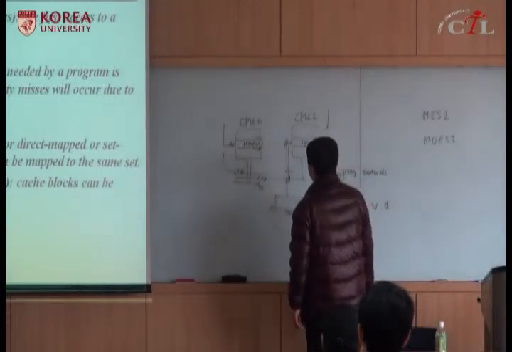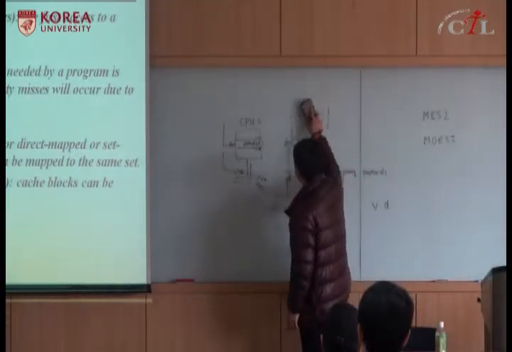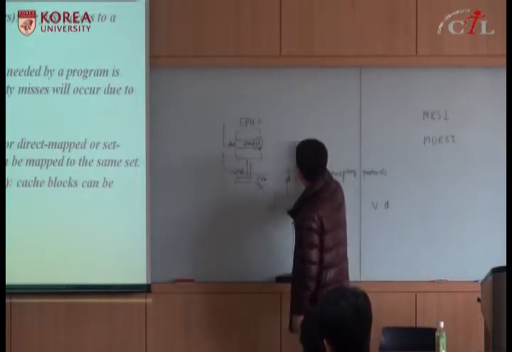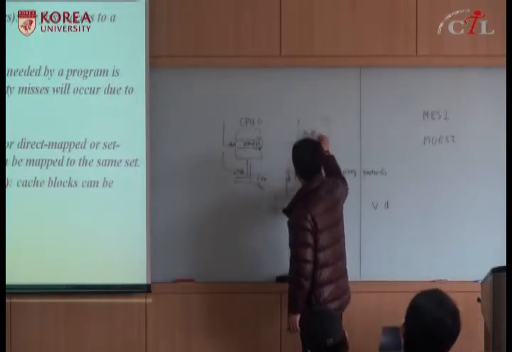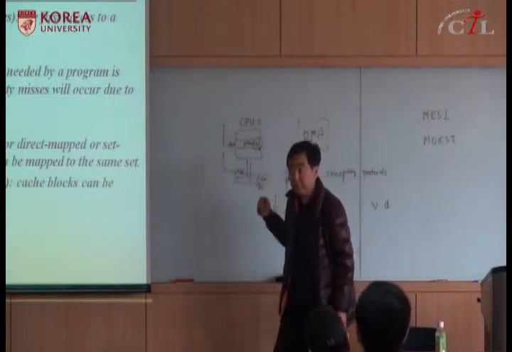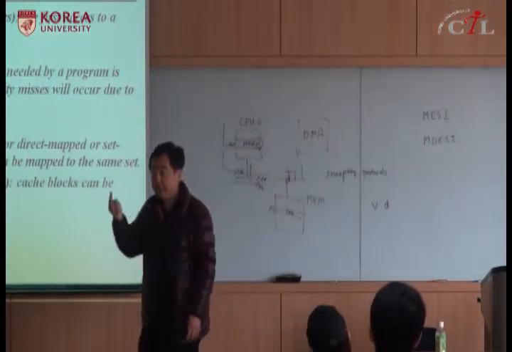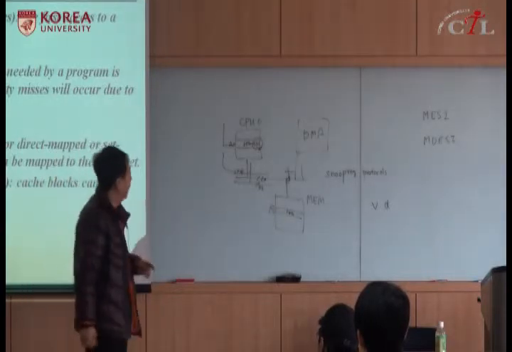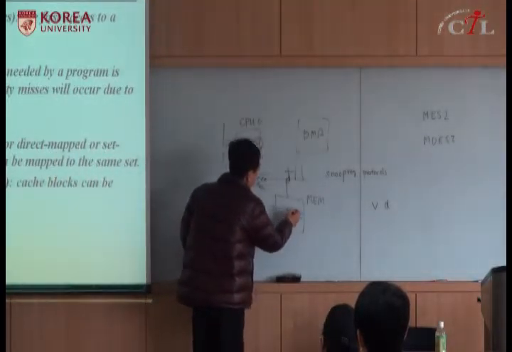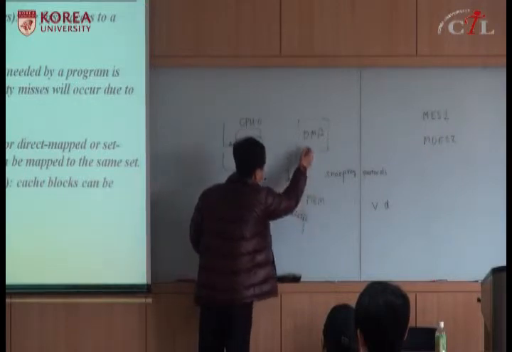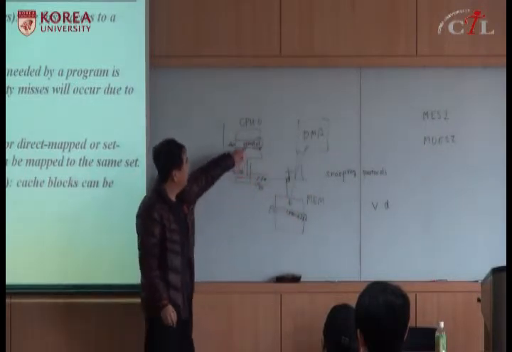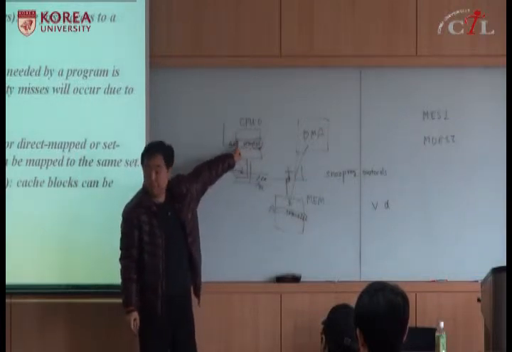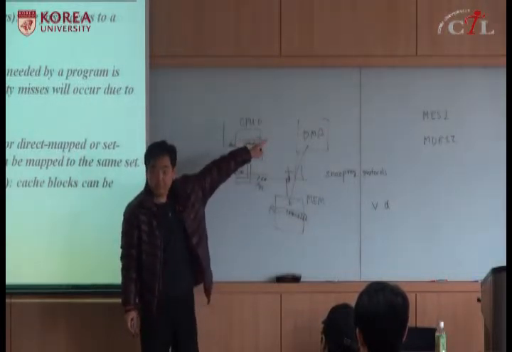Even for a uniprocessor, even without another processor, this can happen because of DMA. DMA means some disk device has a DMA controller inside, and it can directly access memory, and it can transfer new data into memory. And you can update it to 102, 102 by using the DMA. And your copy in the processor becomes stale. You have to invalidate because of the DMA.